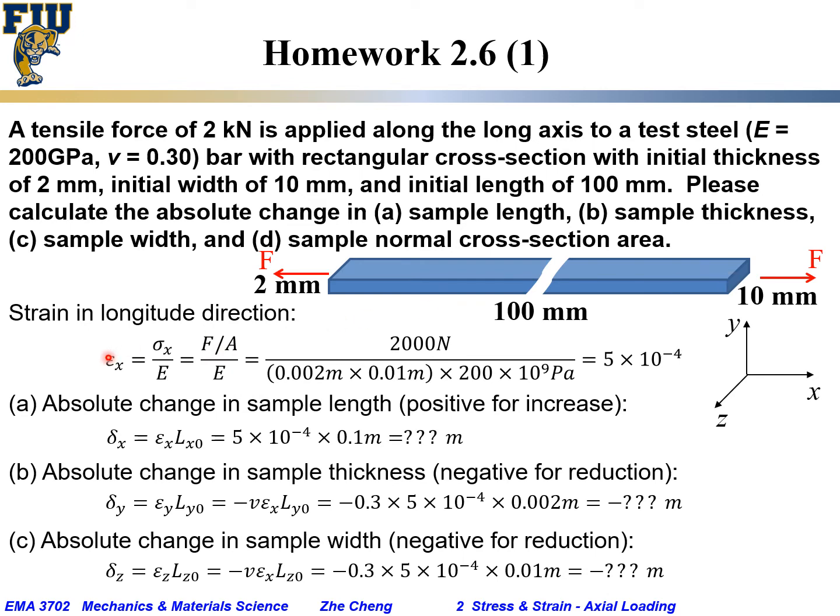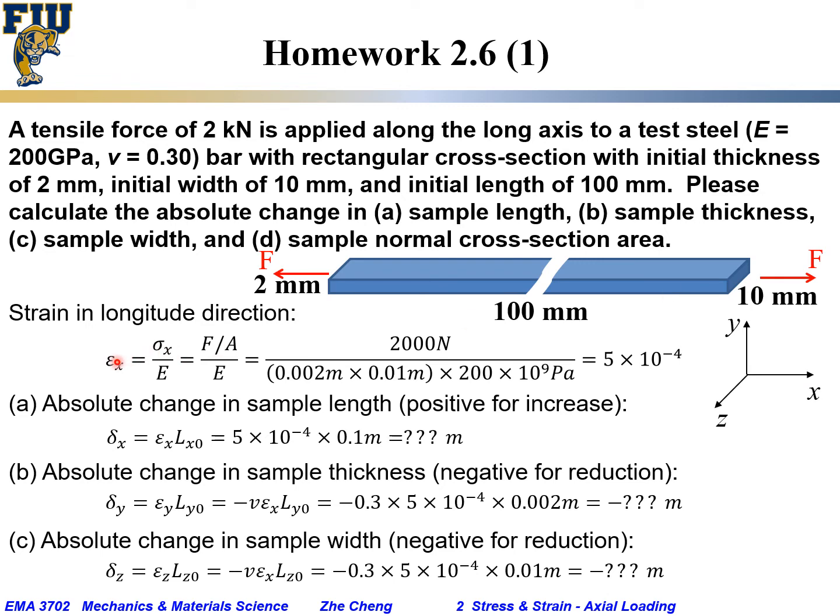At least we can get the so-called normal stress, and with Hooke's law within the elastic limit, we can get the normal strain. Epsilon means strain, the relative deformation. Subscript x means along the x-axis or the longitudinal axis.